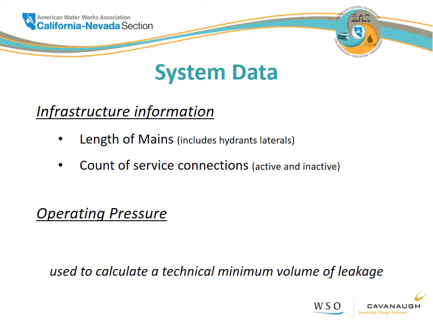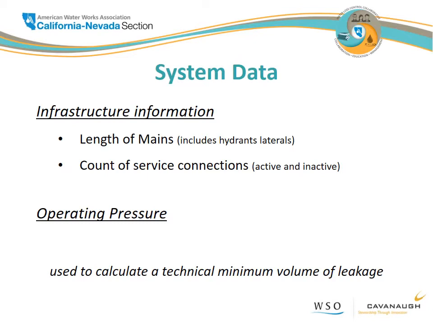But overall, the relevance of this particular piece of information helps to allow the tool to calculate what's known as the technical minimum volume of leakage, which incidentally is a very system-specific number. And every system holds some level of technical minimum that leakage physically cannot be reduced below. That number is not zero. The target for no system is zero leakage.